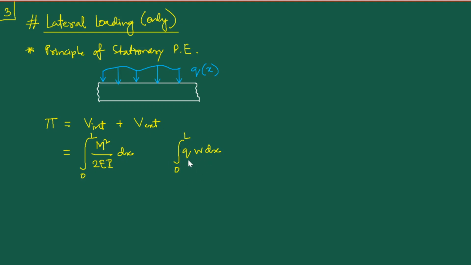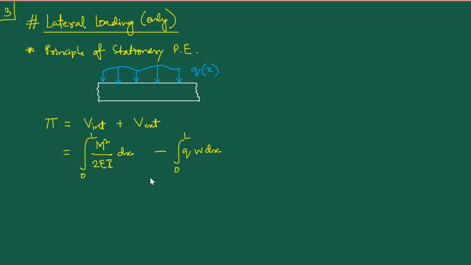Now this is the work done. What we are actually interested in is the expression for V external, the external potential energy. So all that you have to do is to write this with a negative sign.